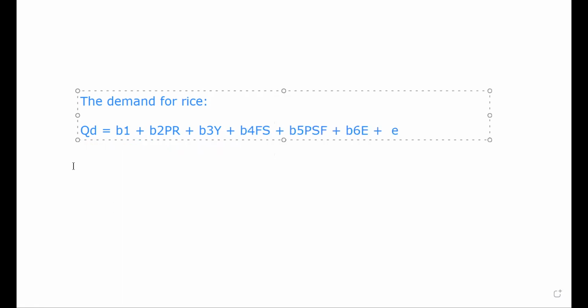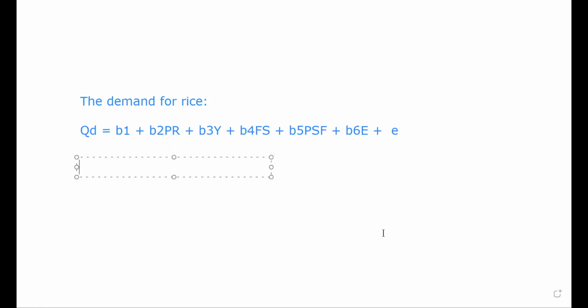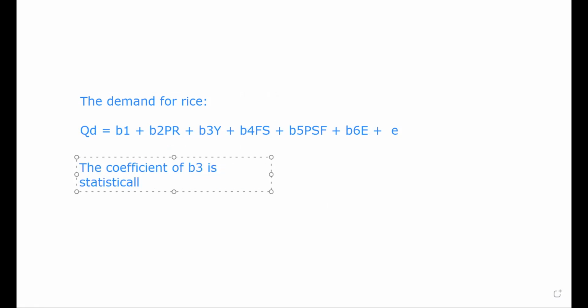Because of the multicollinearity, the coefficient of beta 3 is statistically not significant.